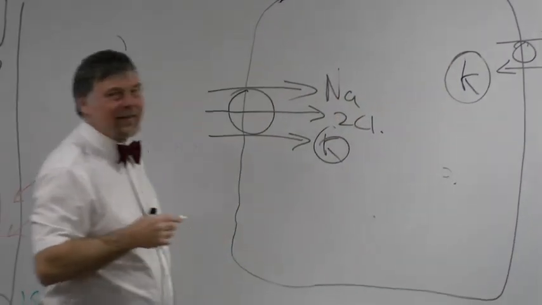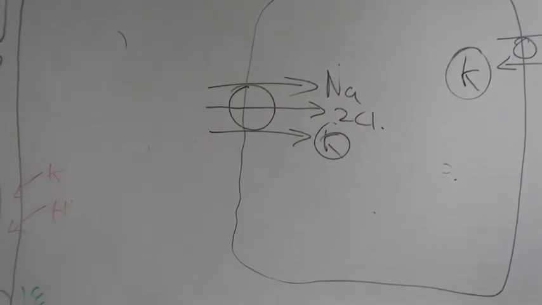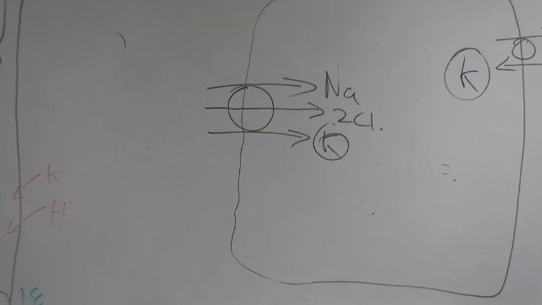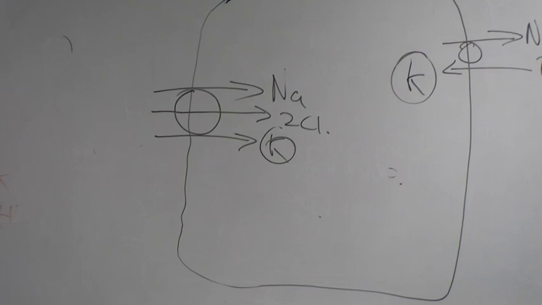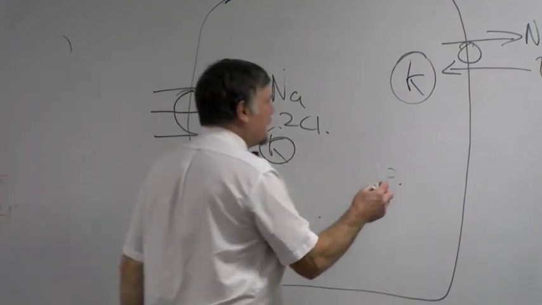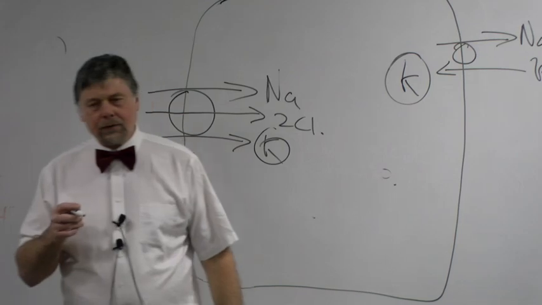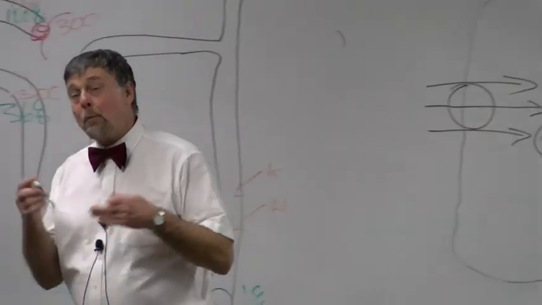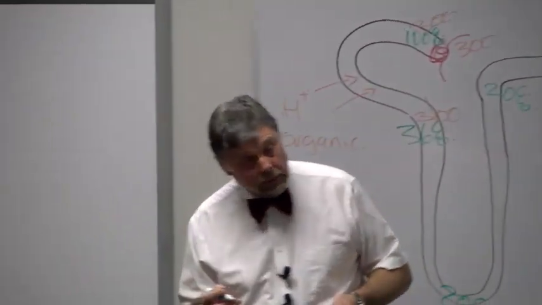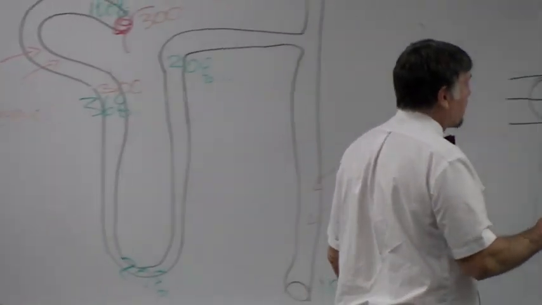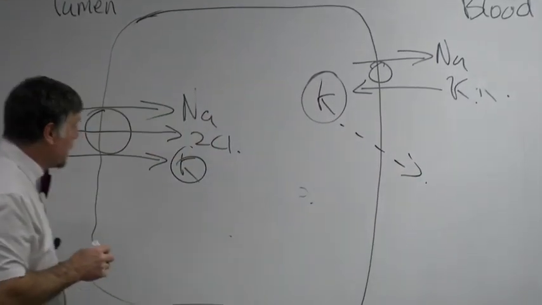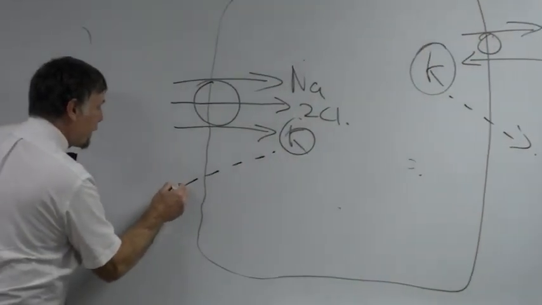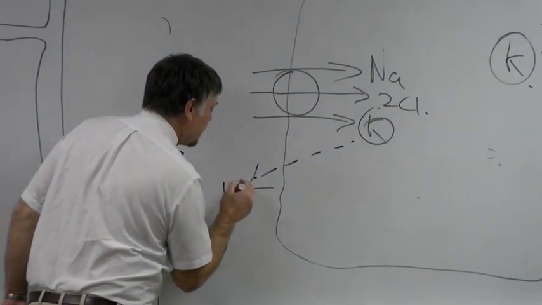My gosh, you can't load a cell with that much potassium. It's already got a lot of potassium in there. It's got to leak out. Okay. And indeed, remember, a lot of cells have some permeability to potassium, and this is no exception. So some passively moves out this way, and some passively moves out this way.